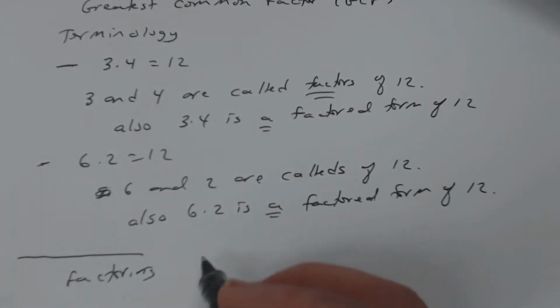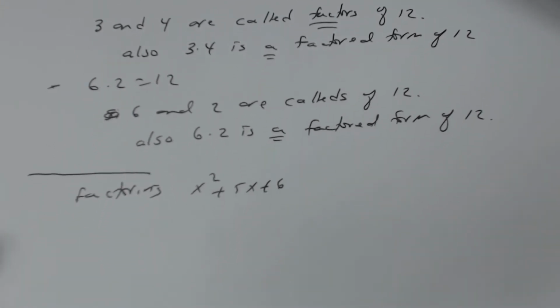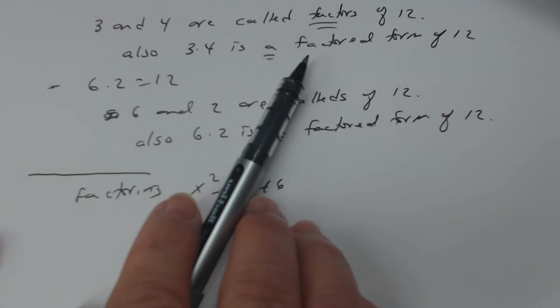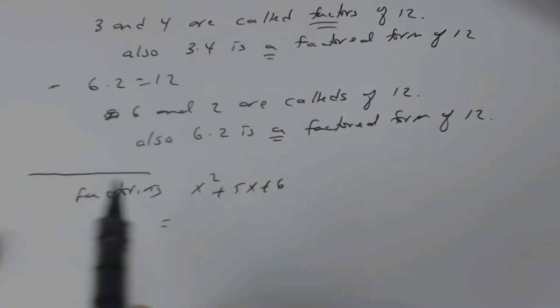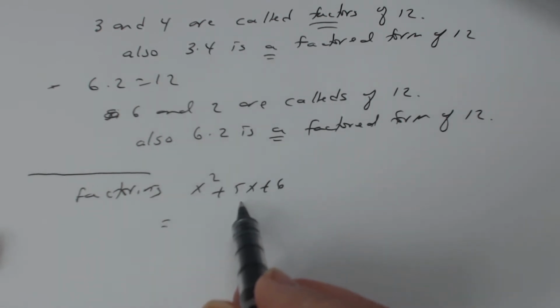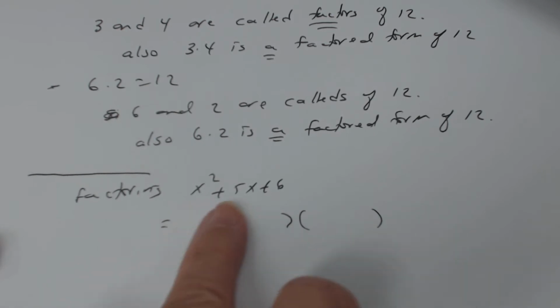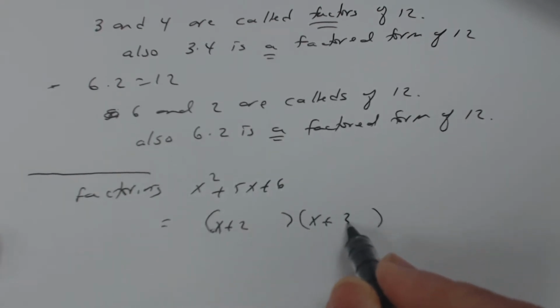When we begin this chapter, you're going to be factoring polynomials. For example, you'll be factoring something like x squared plus 5x plus 6. That's an easy example to factor, one of the easiest ones, but this is how it's going to look. Remember how 3 times 4 is a factored form of 12: two factors whose product is 12. When you factor this trinomial, you'll be looking for two factors whose product gives you this. You're going to learn that the answer is x plus 2 times x plus 3.